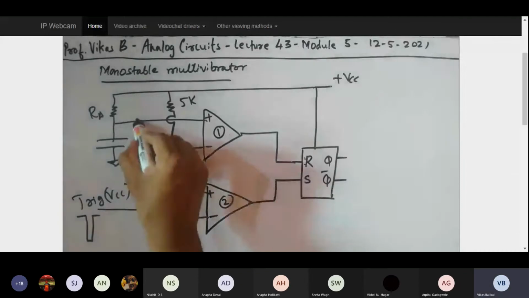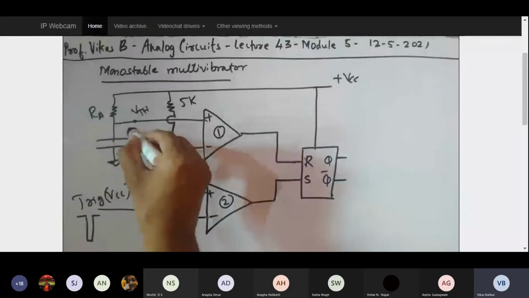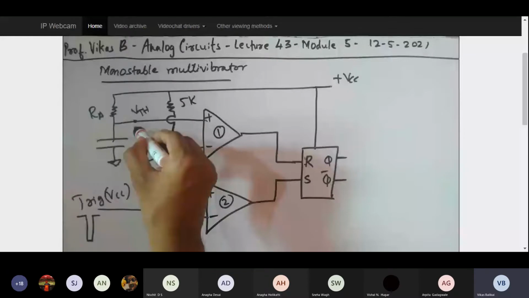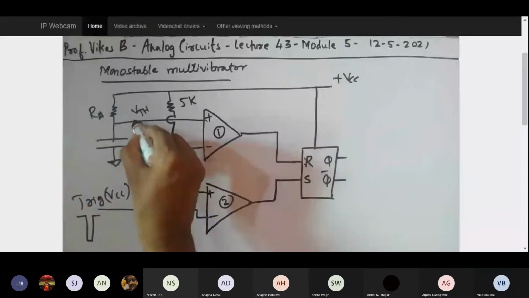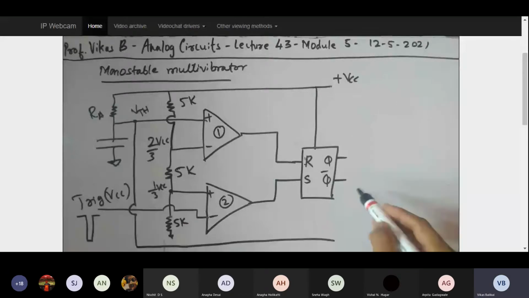So there is VTH, the threshold voltage point, exactly after the capacitor. I am taking it down over here and connecting it to a transistor, that is a BJT transistor, over here.